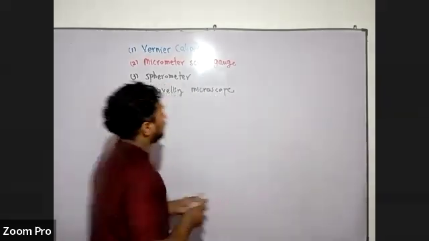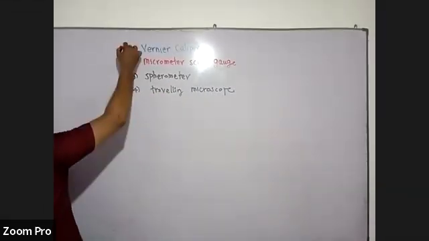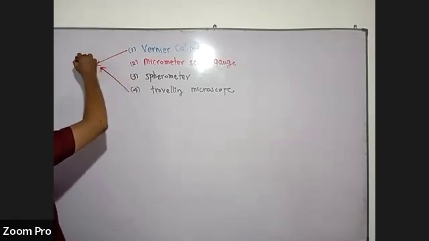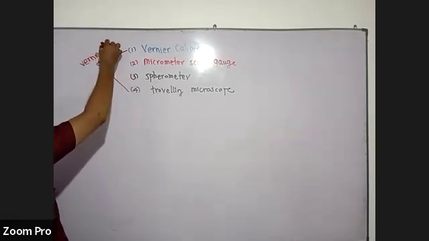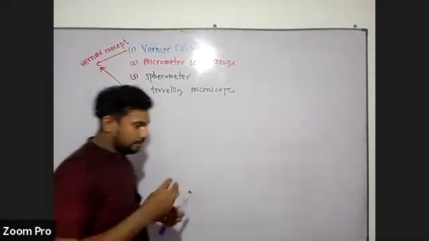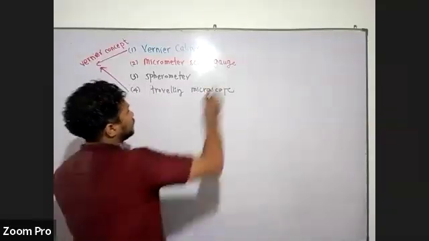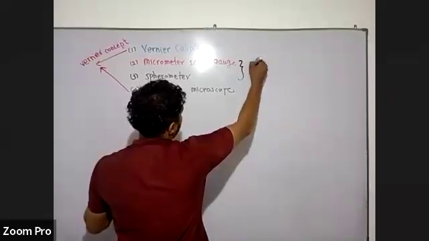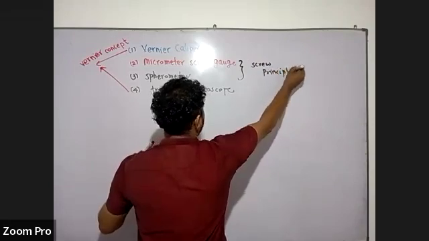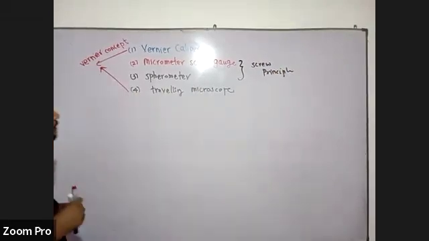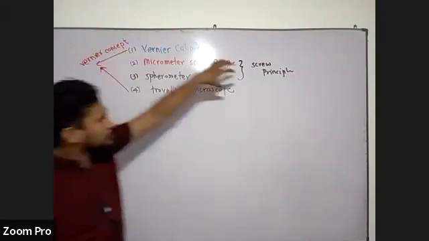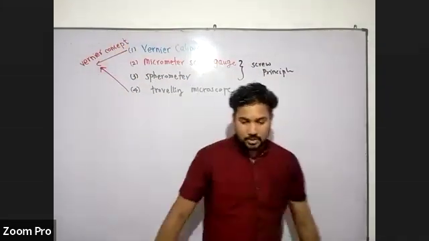As an example, vernier caliper and traveling microscope are based on the vernier concept, and the other two are based on the screw principle, right? So before starting the discussion about these measuring instruments, it's better to have an idea about the vernier concept and the screw principle.